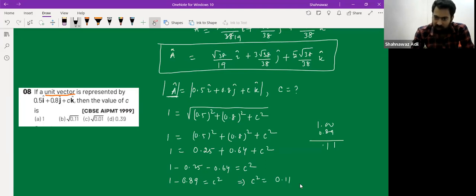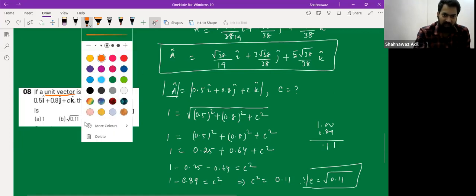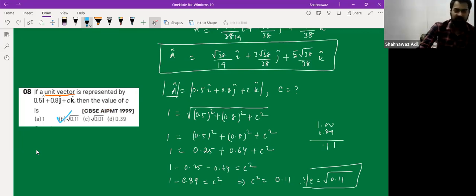So c would be root 0.11. Understood? So this would be the answer. Any doubt up to this point?